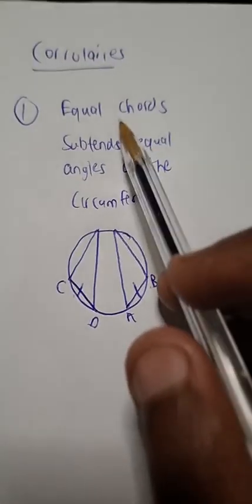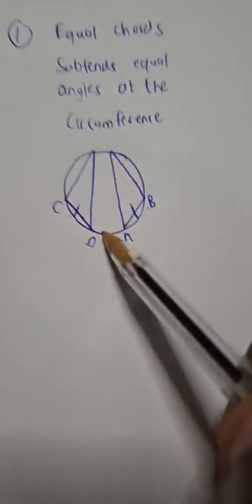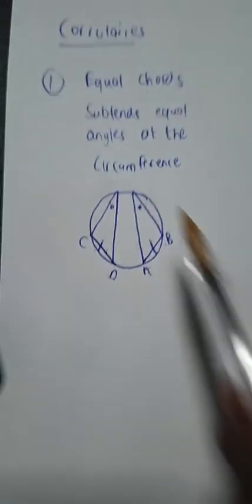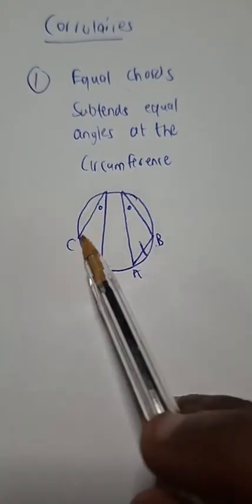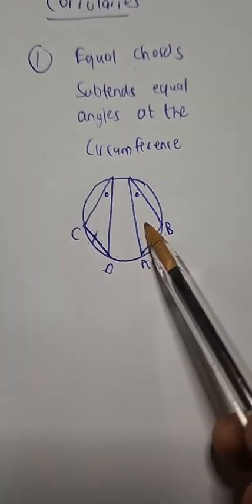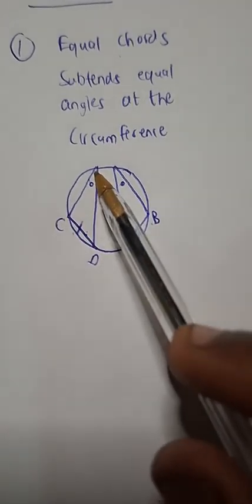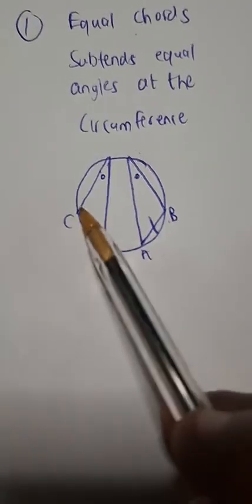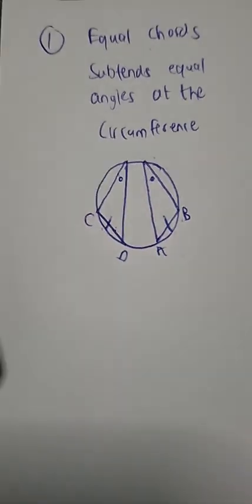We say that equal chords actually subtend equal angles at the circumference. So if you have equal chords in your diagram, those equal chords will subtend equal angles respectively at the circumference, as long as those chords are equal.